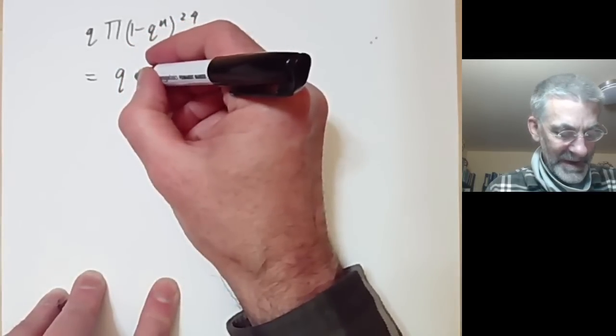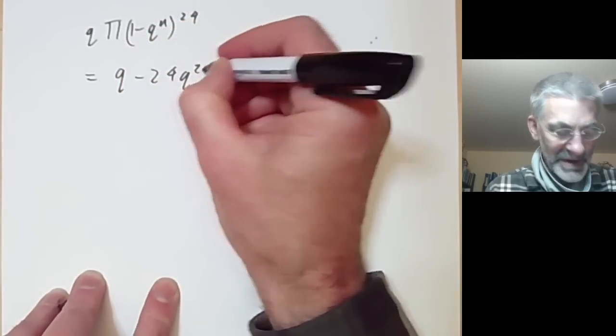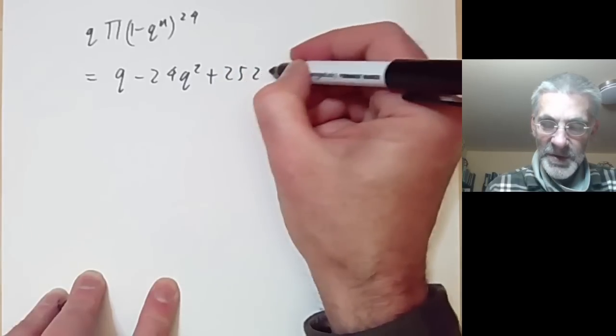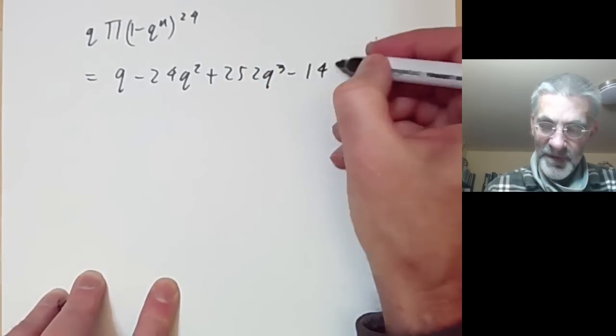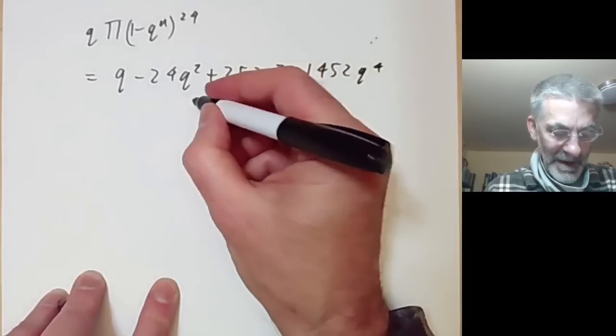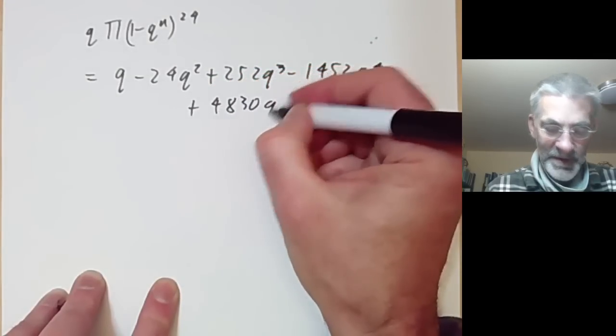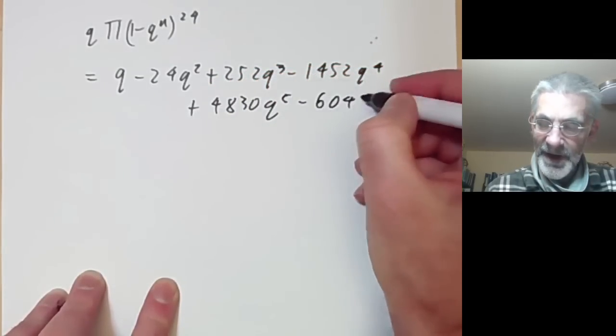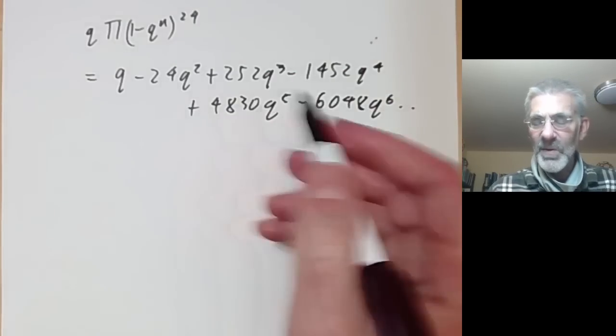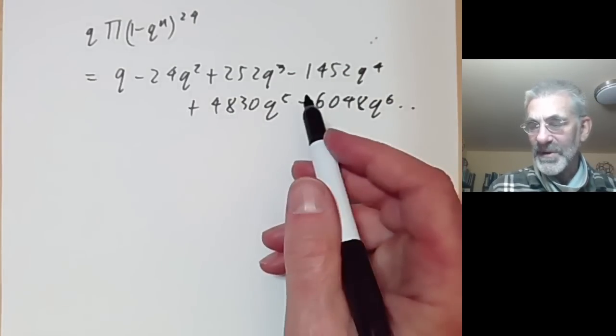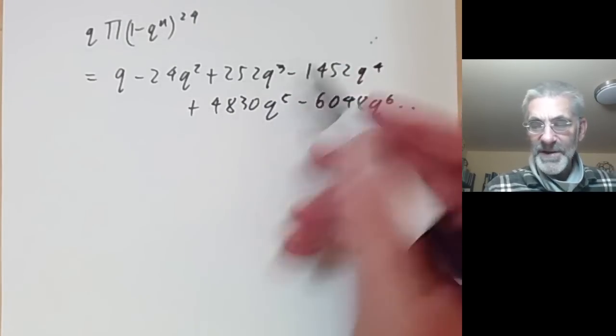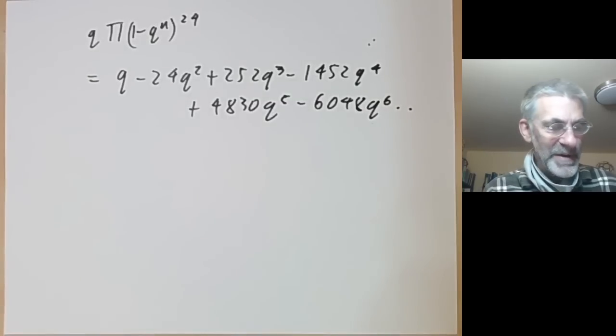Well, we get this funny series. It's 1 minus 24q squared plus 252q cubed minus 1452q to the 4 plus 4830q to the 5 minus 6048q to the 6. So it looks like a rather unpromising sequence of large integers with no obvious nice properties.